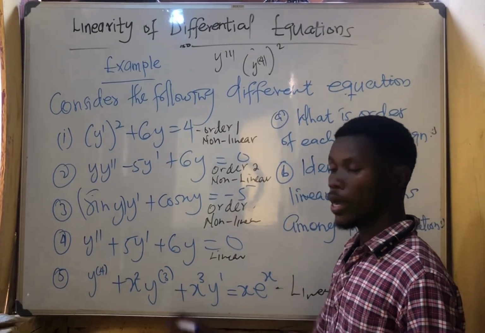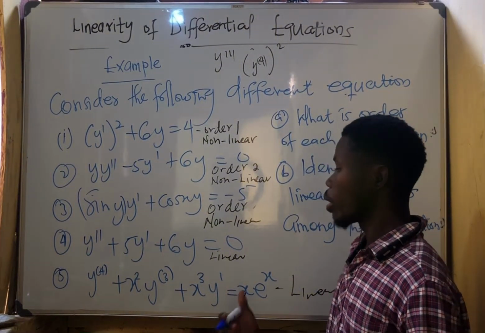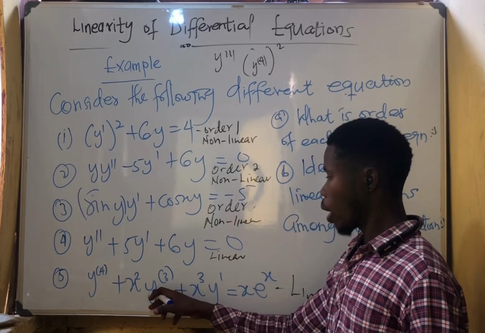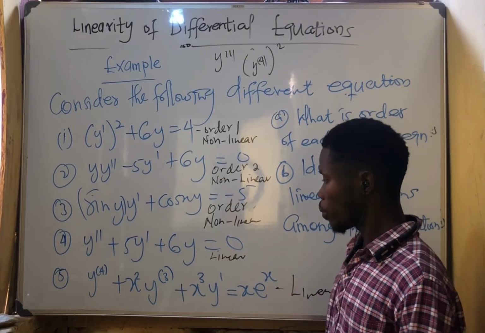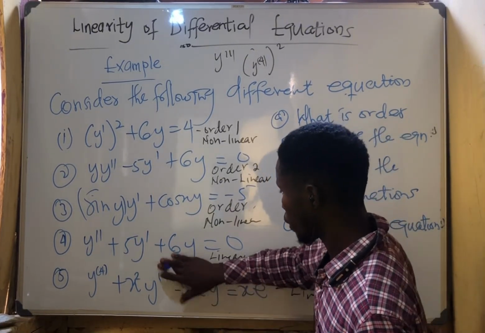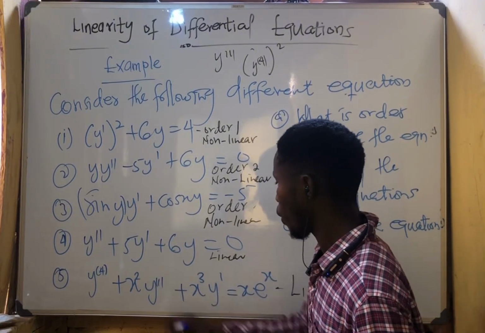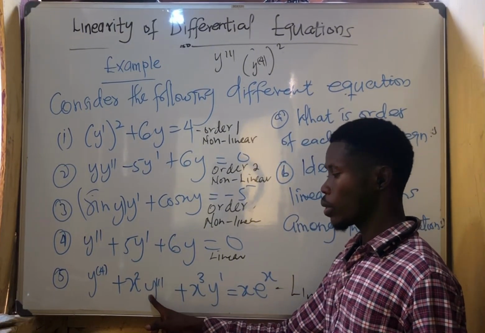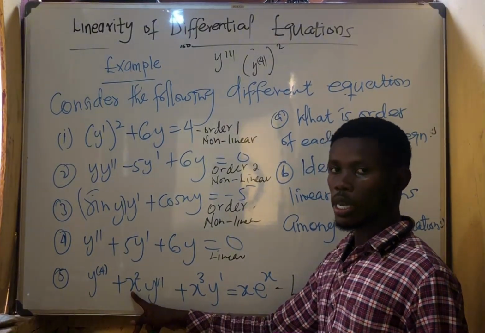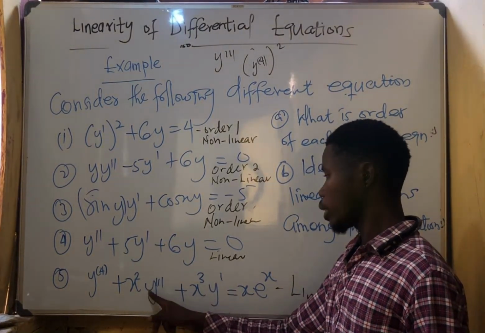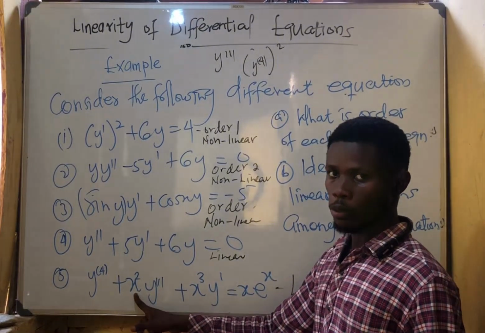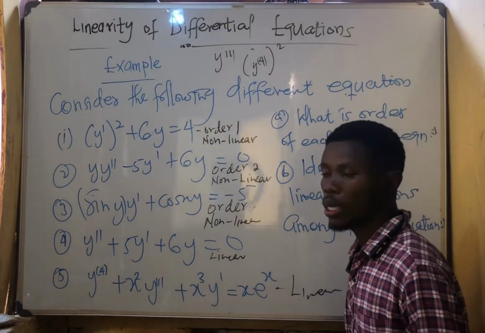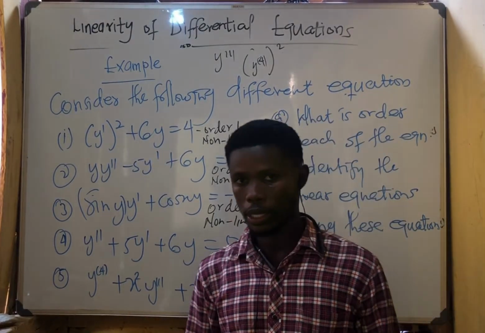So if this derivative is multiplied by the independent variable, it has no effect. It's only when this derivative is multiplied by a dependent variable, which is y, that it becomes non-linear. So this one too is what? Linear. I hope you understand this.